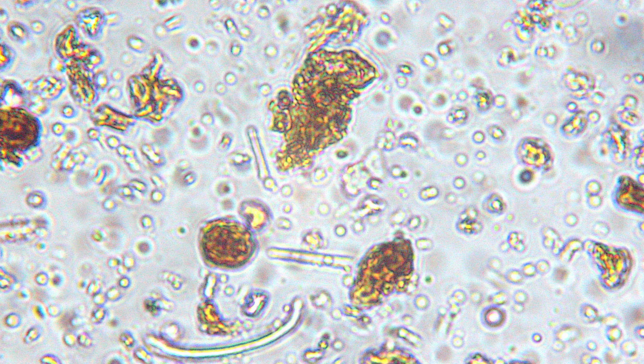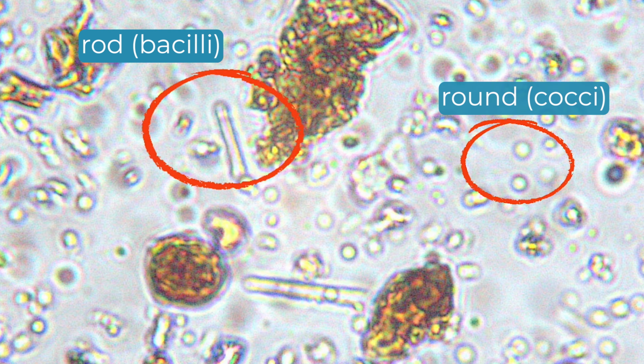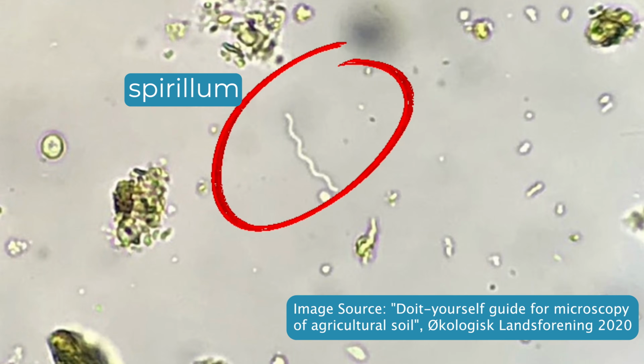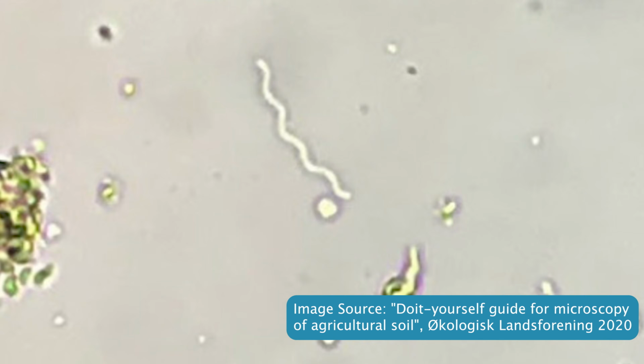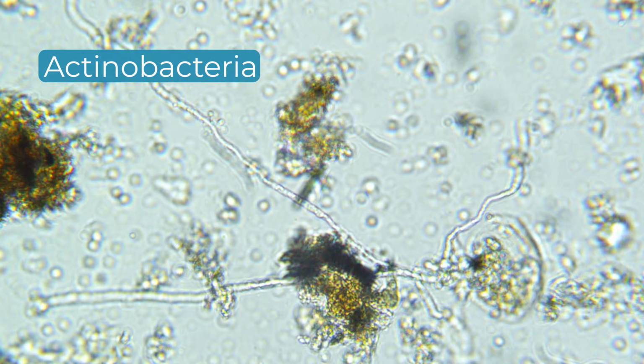We typically see three categories of bacteria which come in different shapes, including round, cocci, rod, bacilli, and spiral-shaped spirillum. Some spiral-shaped bacteria, like spirochetes, are pathogenic and can cause illnesses such as Lyme disease in humans.